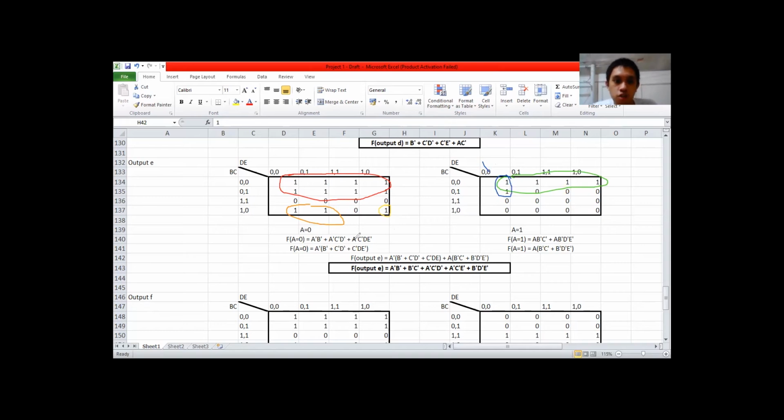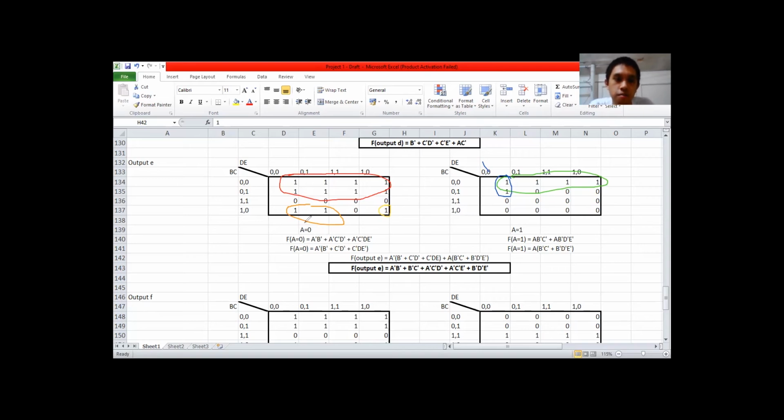So for the logic function, if A is equal to 0, so focusing on the red group, A is 0, B is 0, C, D, and E change, therefore they are cancelled. Therefore, it will become A prime ANDed with B prime.